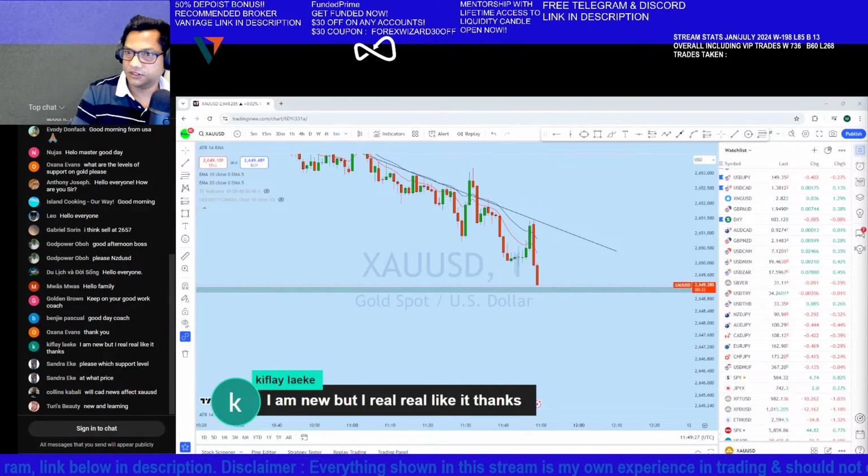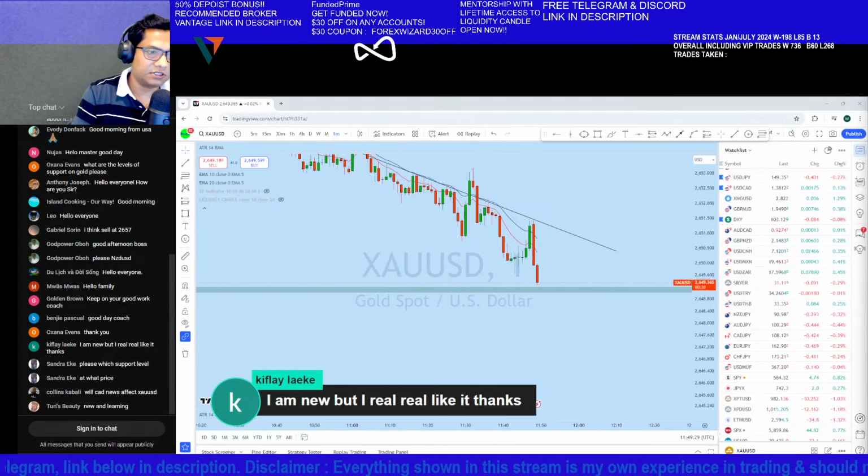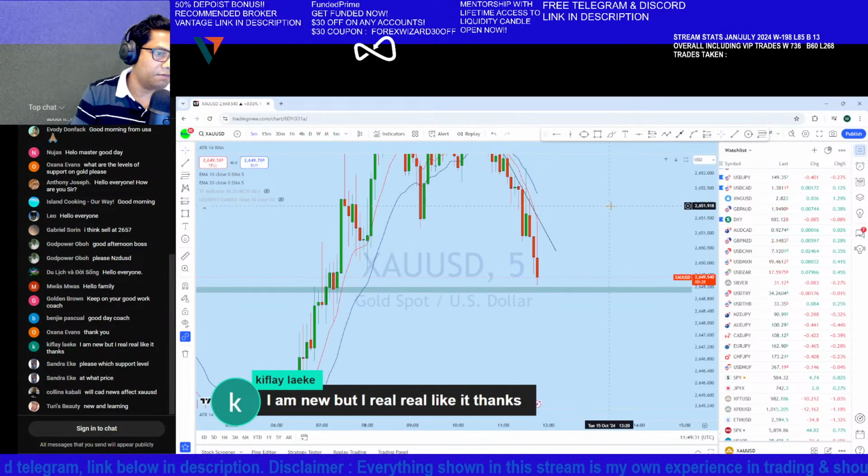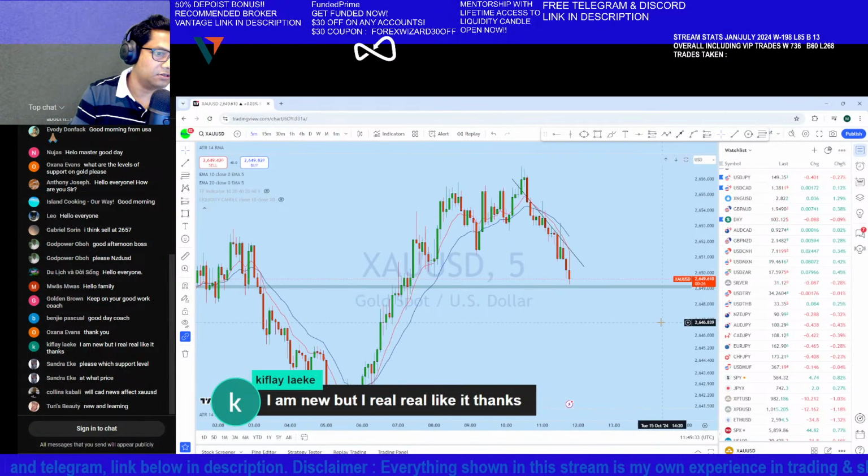You see that this is the 5 minutes time frame, looks like that, forming a potential liquidity candle here.